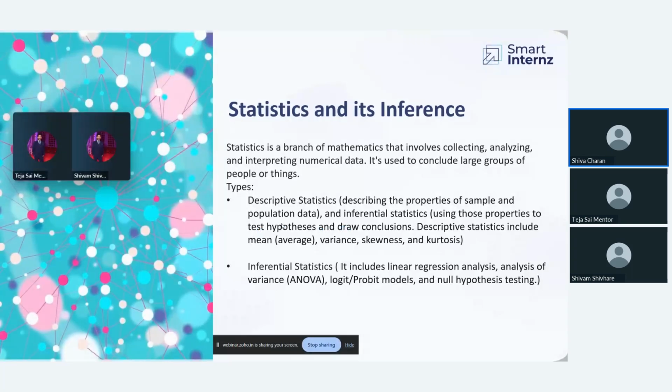Testing hypotheses and drawing conclusions is very important. In statistics, we need to know what kind of data we are dealing with, and statistical implementation is mainly used in machine learning when we are trying to come up with a POC, proof of concept, for any domain.